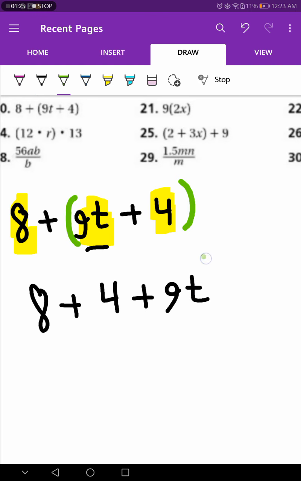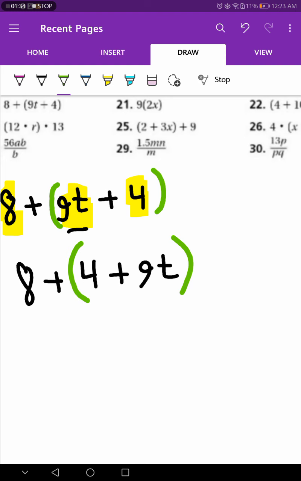So I don't touch the parentheses first of all. I just switch between the 4 and the 90, and this step we call commutative property of addition. Now the next step, I have to move the parentheses. Moving parentheses, you know, is the associative property.